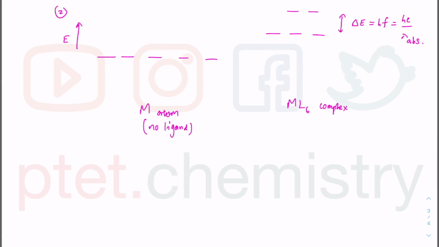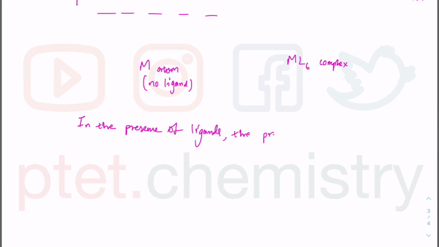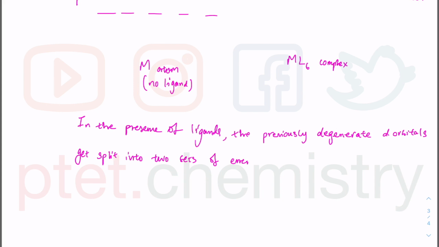Anyway, in terms of putting it into words, what can we say? We can say that in the presence of ligands, the previously degenerate d orbitals, degenerate meaning the same energy, get split into two sets of energy levels, 3 at the bottom, 2 on the top, for an octahedral complex, ML6.